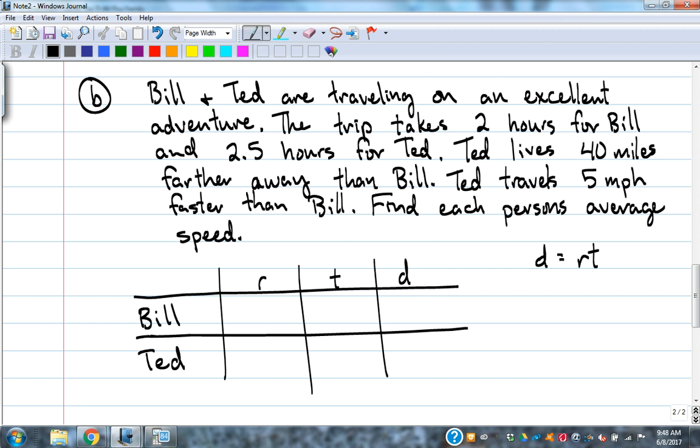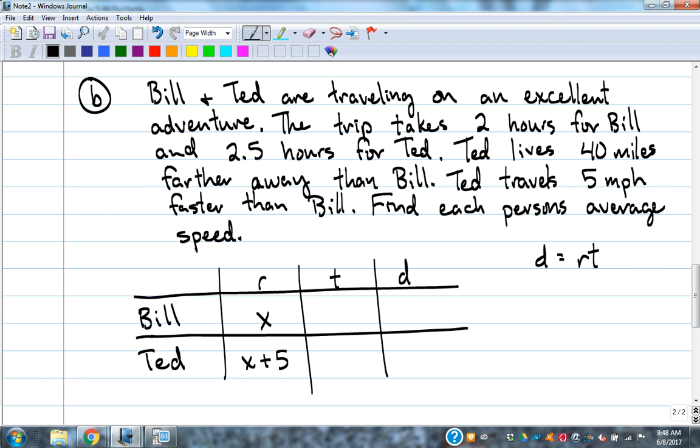Okay. So I know that Ted is traveling 5 miles an hour faster than Bill. So Bill's going the slowest. So I'm going to call Bill's rate x. And if Bill's rate is x and Ted is traveling 5 miles an hour faster, that would be x plus 5 for Ted. Right? That makes sense? Now, we know how much time each one of them took.